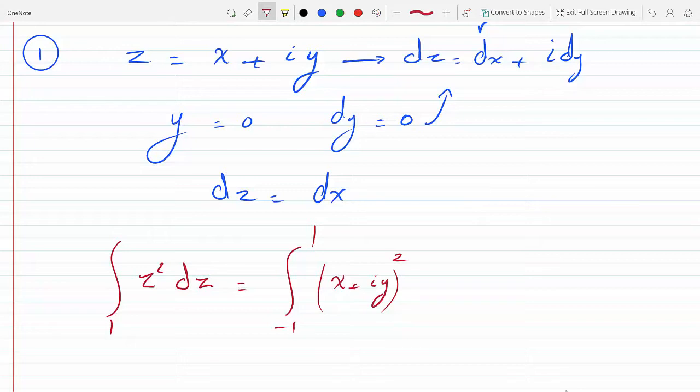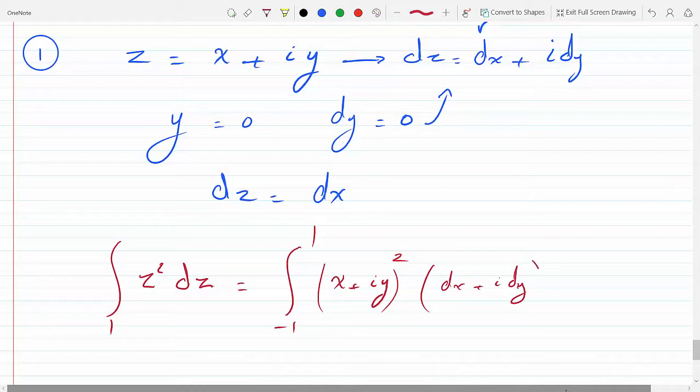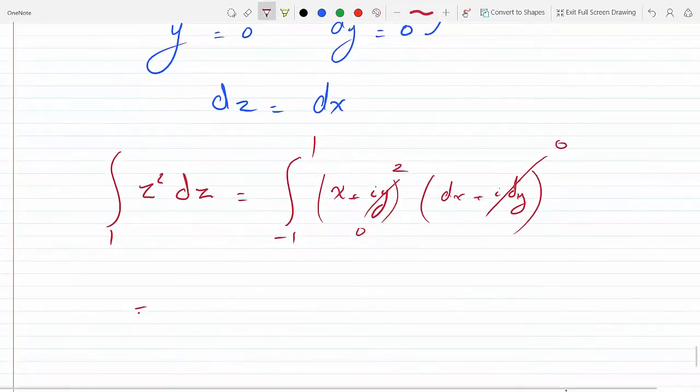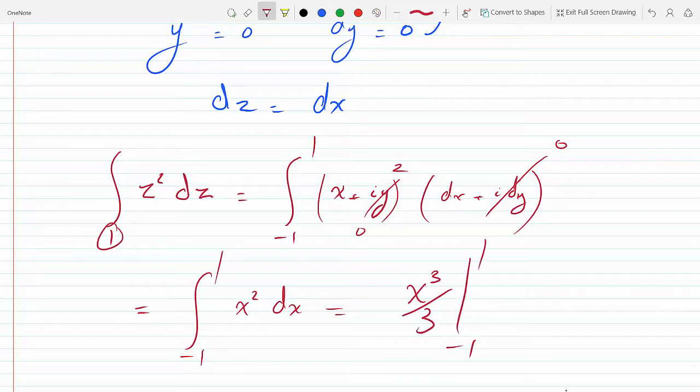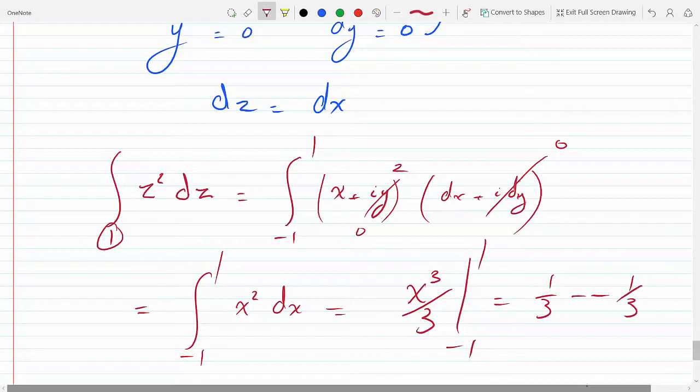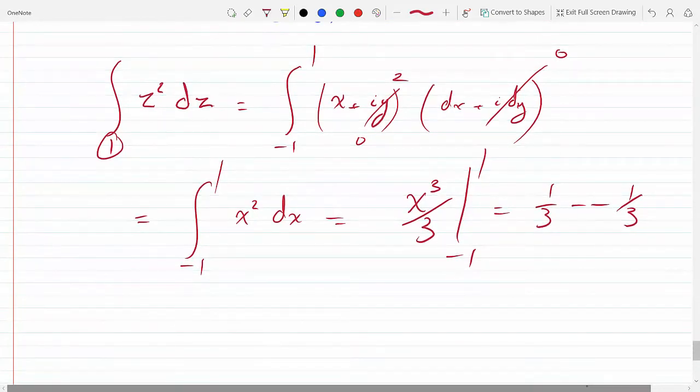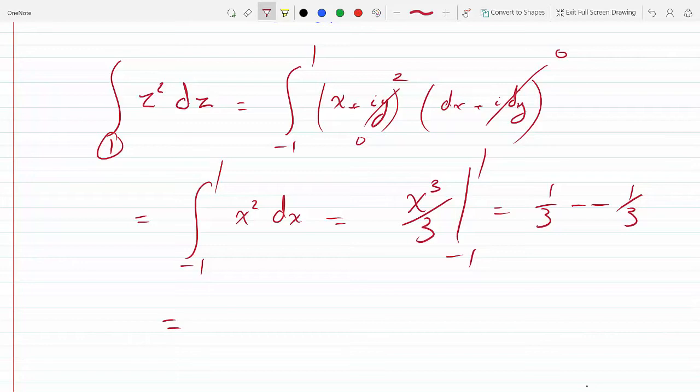And then dz is dx plus i dy, and we said that dy is 0. So what are we left with? We're left with the integral from -1 to 1 of x squared dx. And what's that? x cubed over 3 from -1 to 1. So that gets you 1/3 minus (-1/3). So we get 2/3. So path number 1 is 2/3.